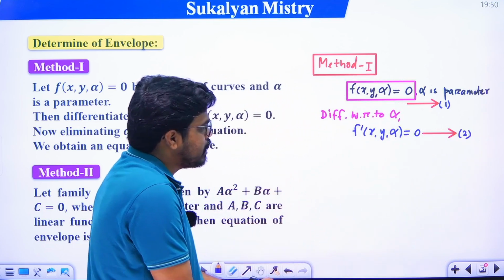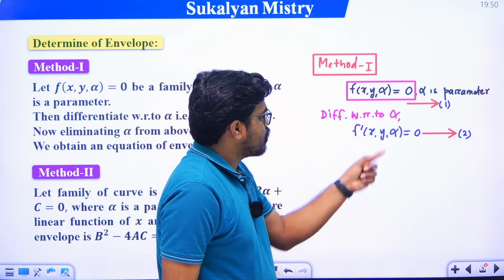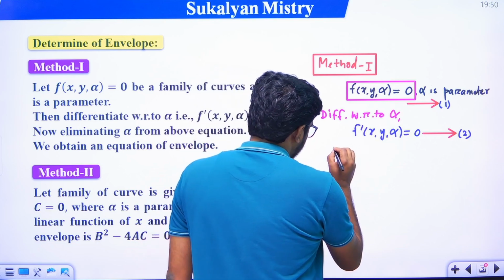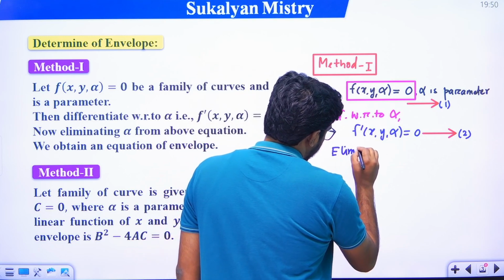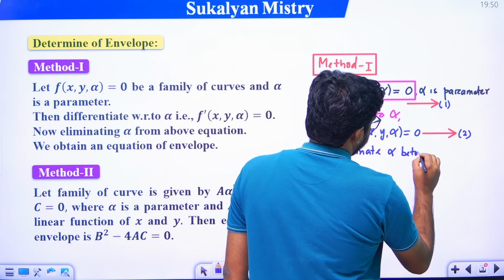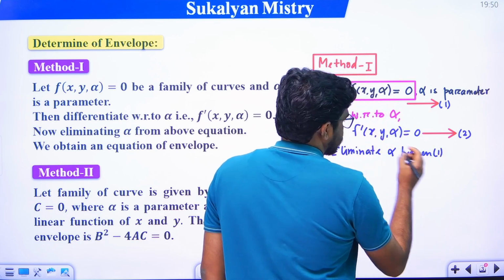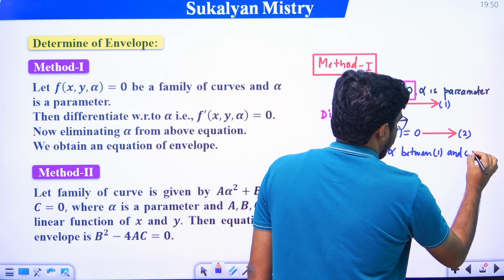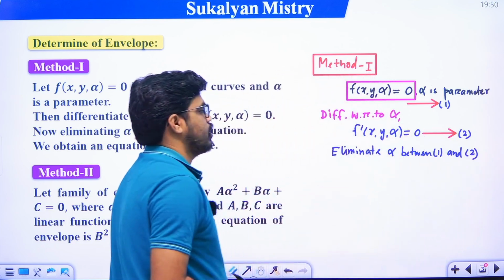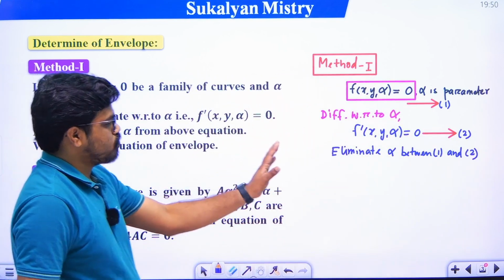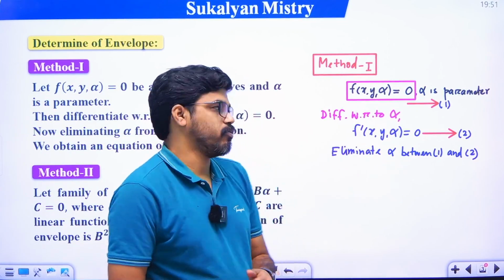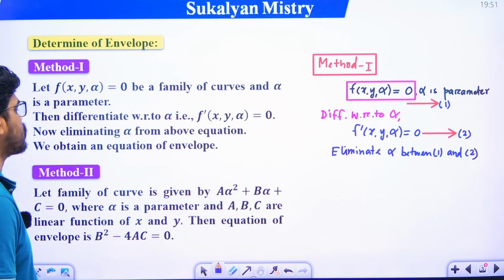Now we have to eliminate alpha between equation 1 and 2. Between 1 and 2. Getting my point? Okay. So after eliminating alpha, you get the equation of the envelope. So this is the first method.